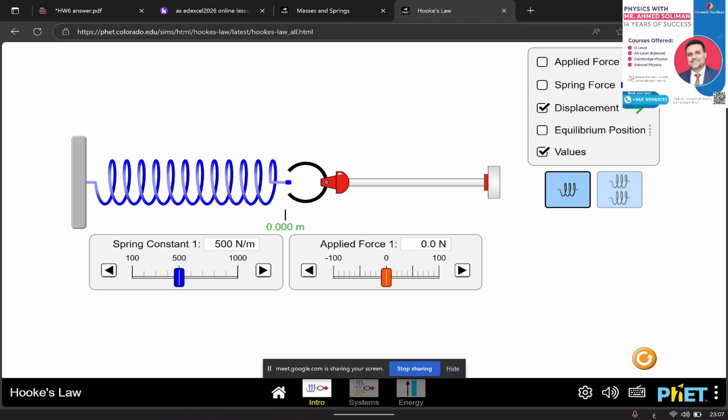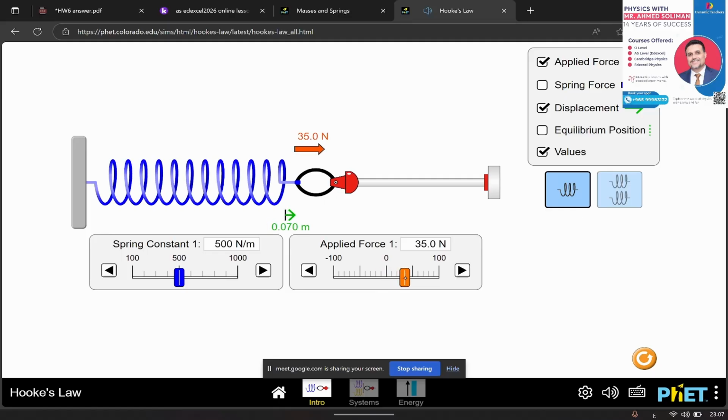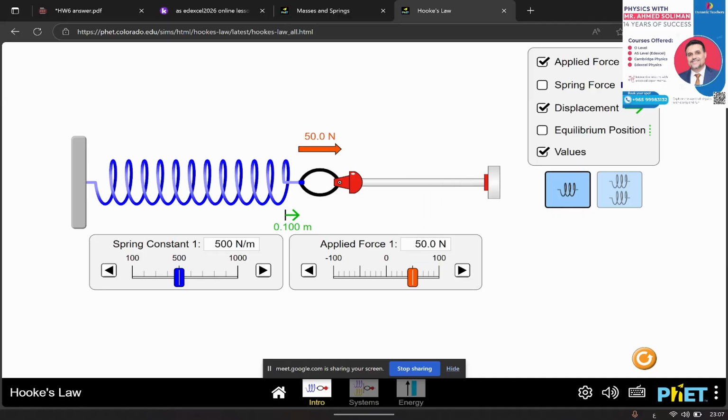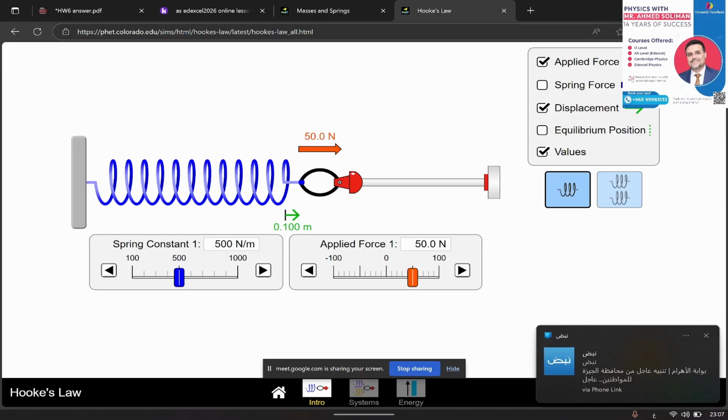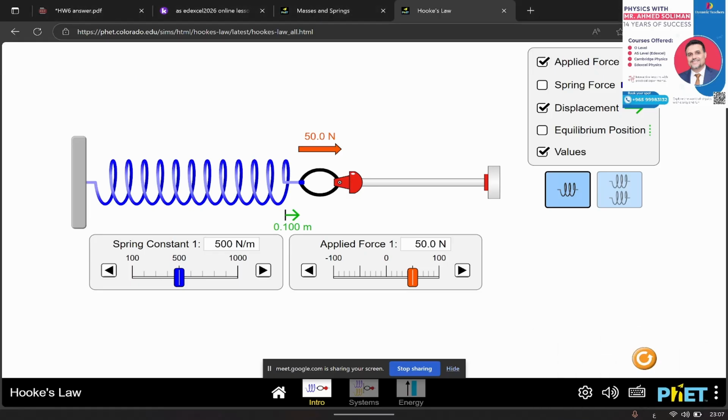Okay, now I will exert a force on the spring to stretch it. So now my force is 50. Okay, now Mirola, what is the resultant force equal? 50?